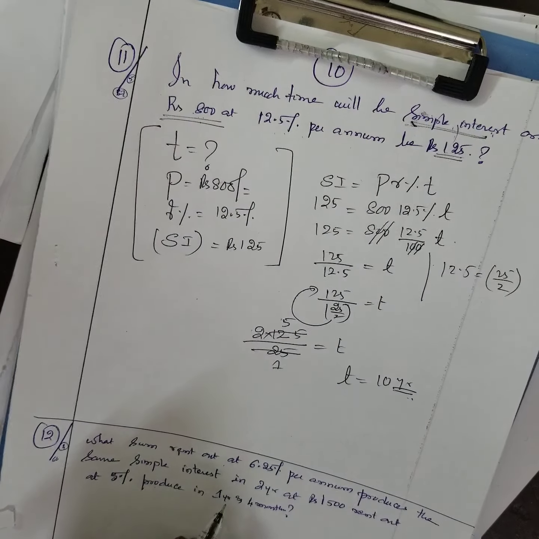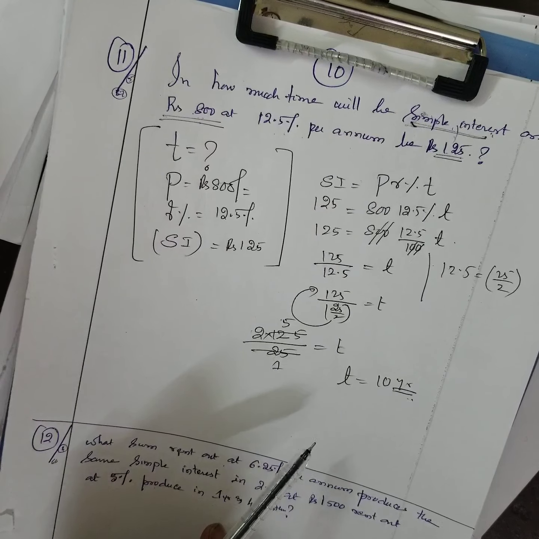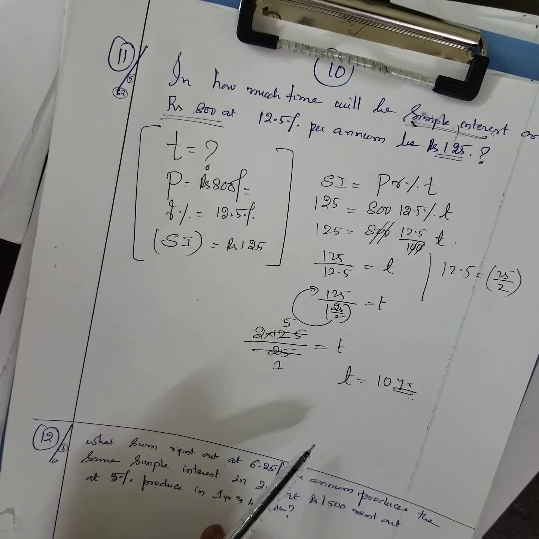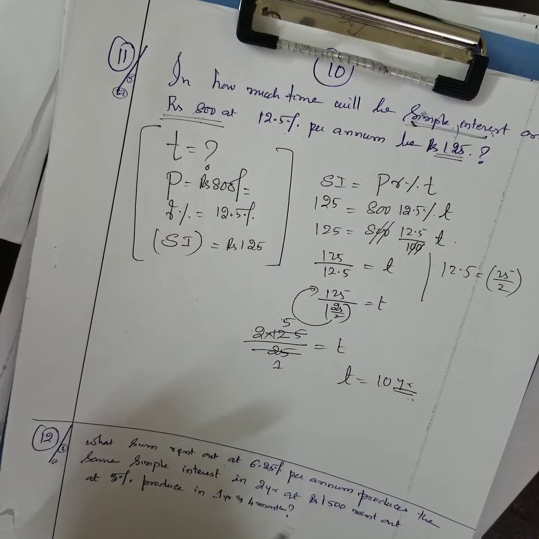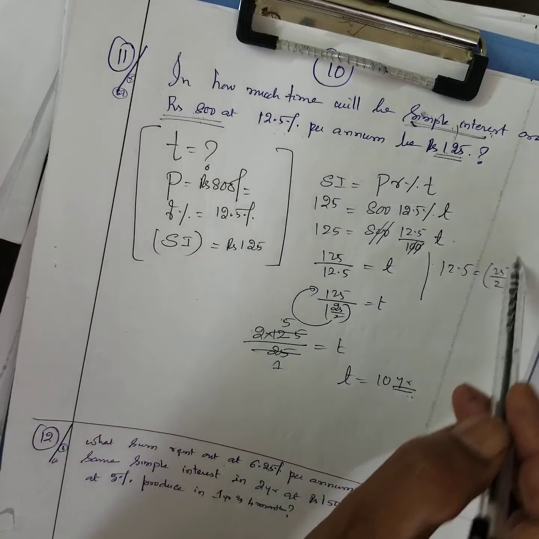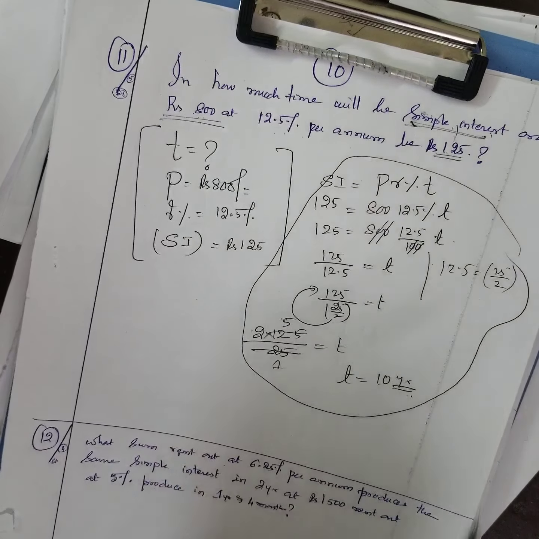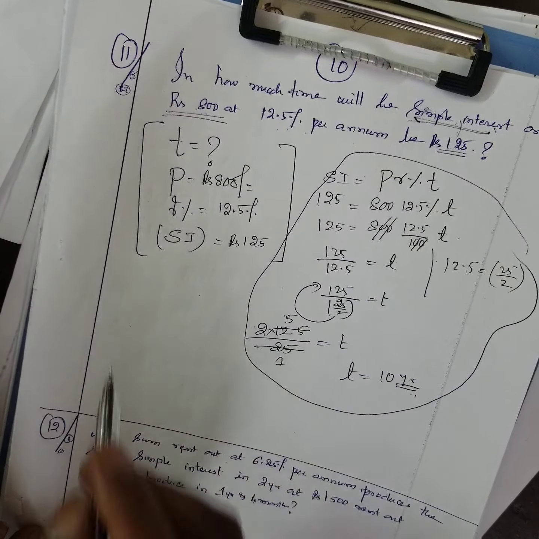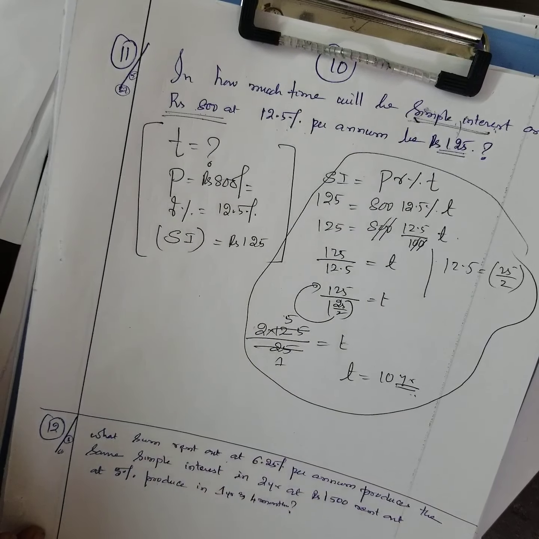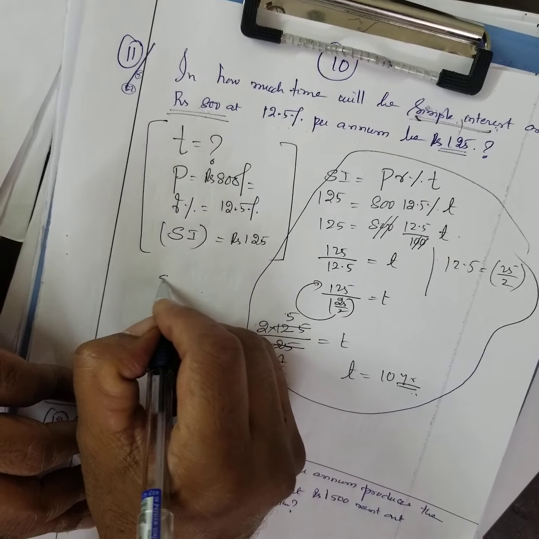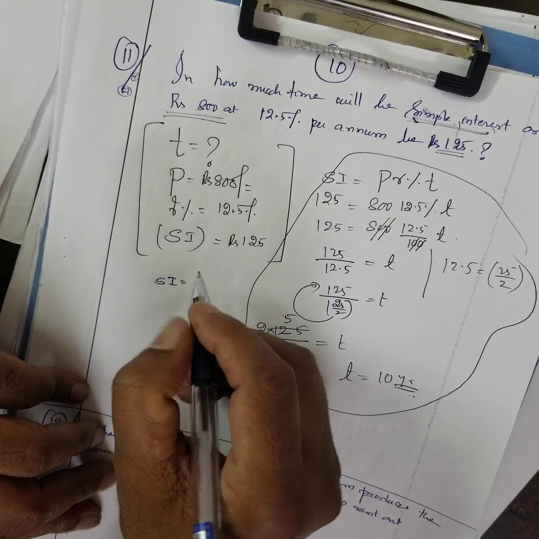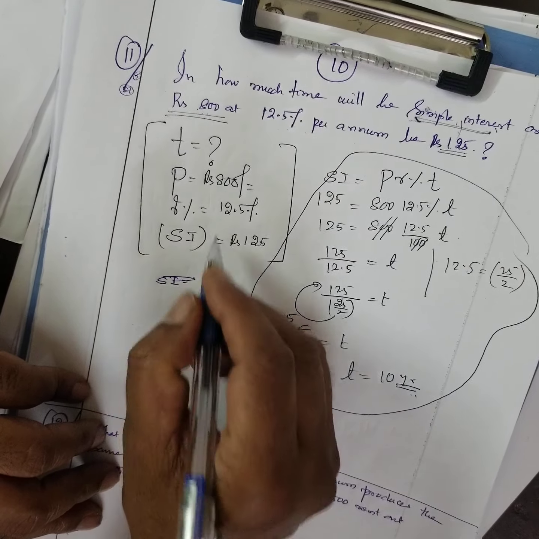Is it correct? 12.5%, the rate of interest. I have my own doubt. Just see: simple interest is 125.